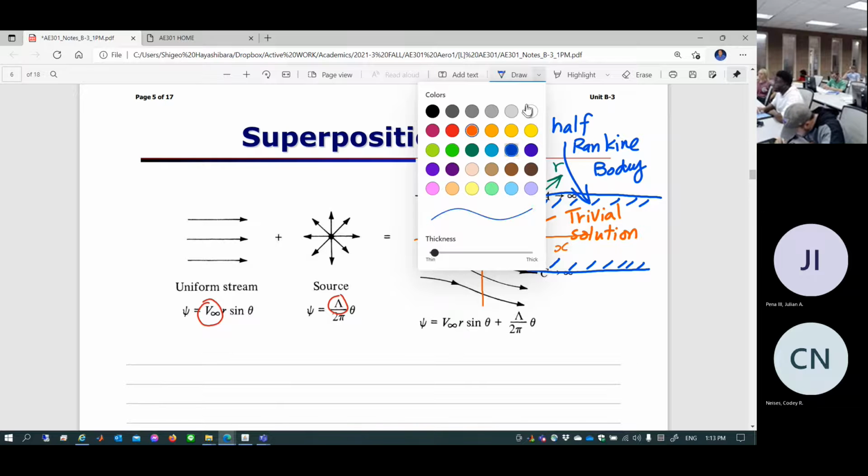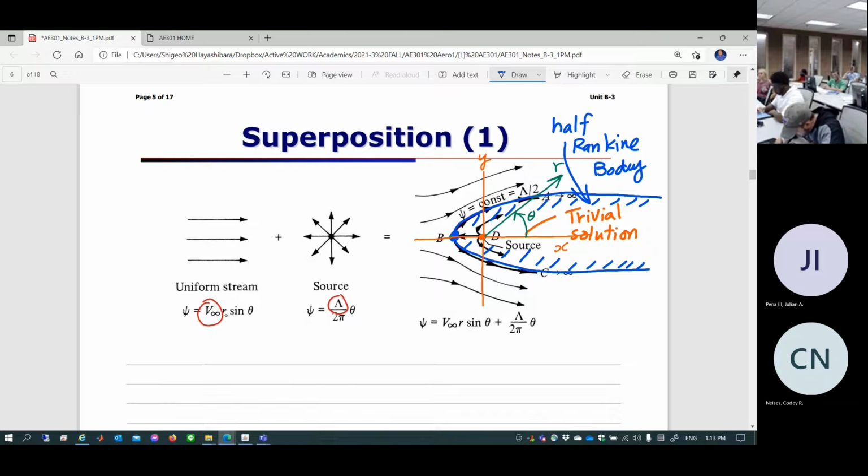Now, in this case, the original equation is given in polar coordinates. If you're dealing with the source, only a radial component of velocity exists. So it's easier to work in the polar coordinate system mathematically. But sometimes when you plot the flow field, you have to convert everything into Cartesian. In hand calculation, it's not easy, but you can do it. Every data position can be transformed from polar to Cartesian, Cartesian to polar, either way.